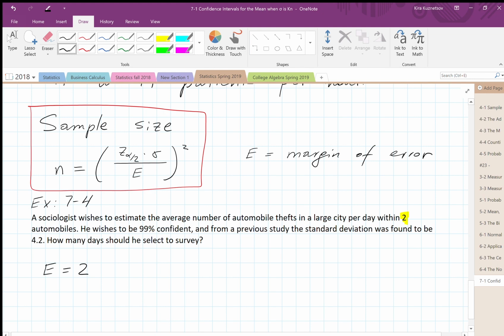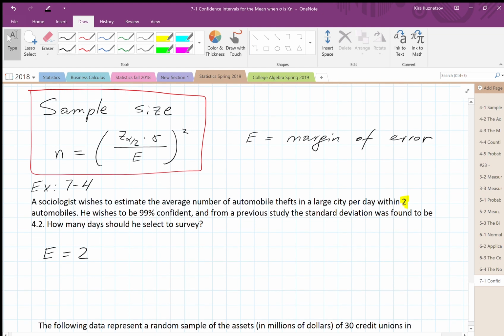He wishes to be 99% confident. So this will allow me 99% confidence. And from a previous study, the standard deviation was found to be 4.2. So I think they do mean standard deviation of the population.